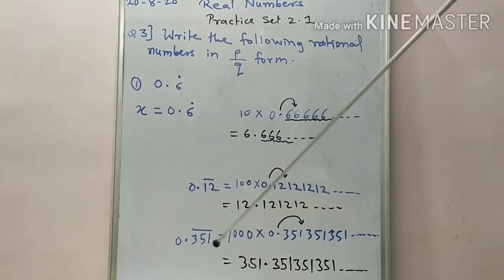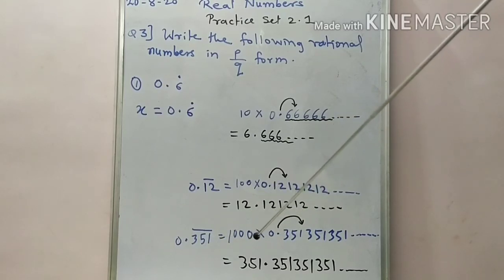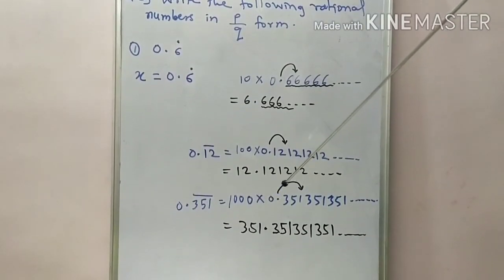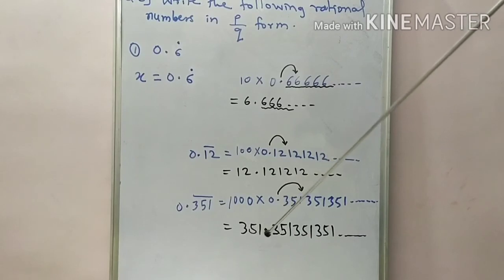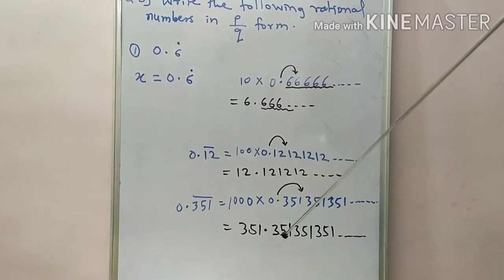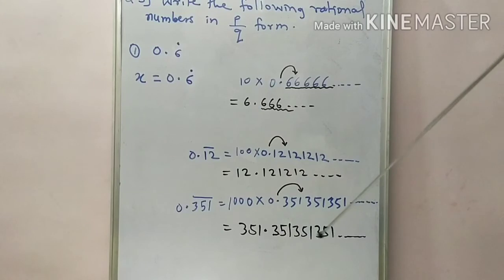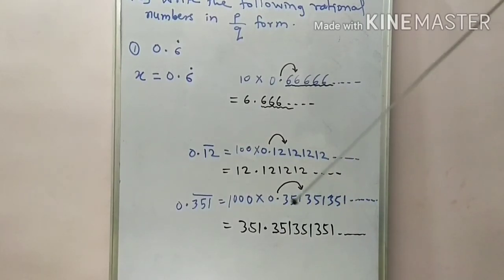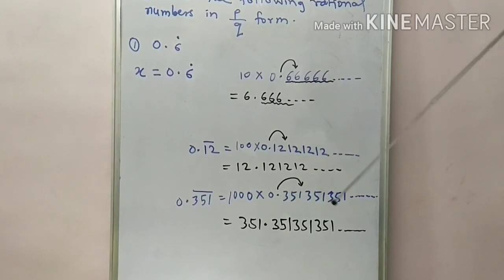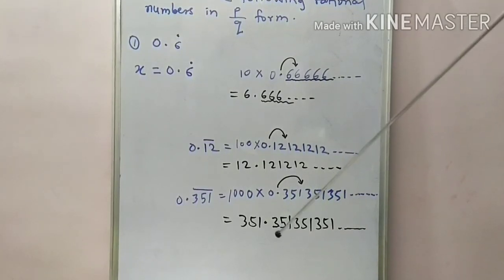So here again that 12 recurring part comes as it is. And for 3 decimal places, as you multiply by 1000, the decimal goes 3 places to the right side, and that number becomes 351 point, again that 351, 351, 351 comes repeatedly as it is. So this decimal part at the right hand side of the decimal point we keep as it is.